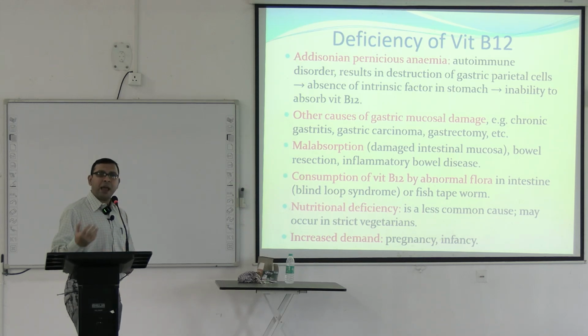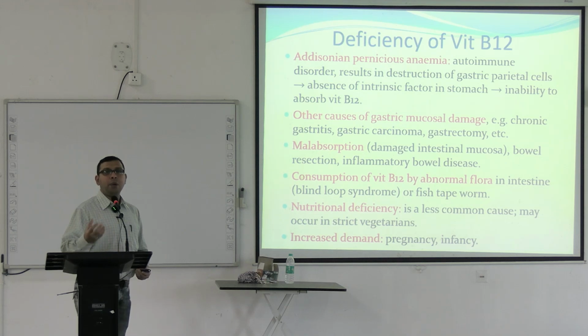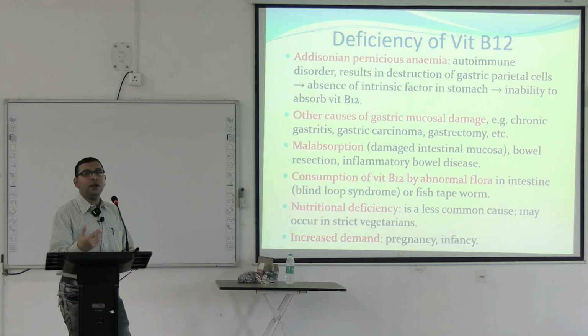There are different types of malabsorption syndrome also, like celiac disease, tropical sprue, etc. Consumption of vitamin B12 by abnormal flora in the intestine, like blind loop syndrome or fish tapeworm infestation. These are syndromes where the normal colonic biome has been replaced by an abnormal biome, so this abnormal flora consumes the vitamin B12 already taken.